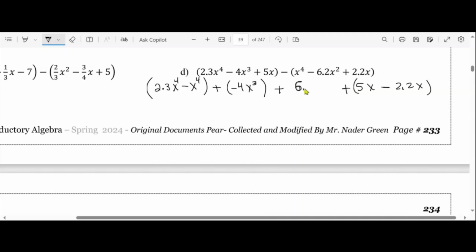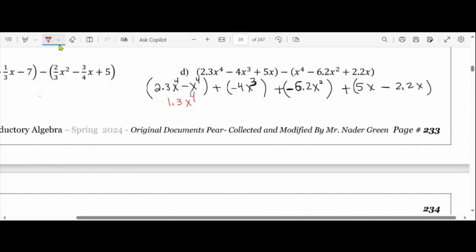Negative 6.2x squared. Remember, this is x cubed. Do we have x squared? No. Yeah. We subtract this from this. What are you gonna get? 1.3x to the power 4. Very good. Thank you.